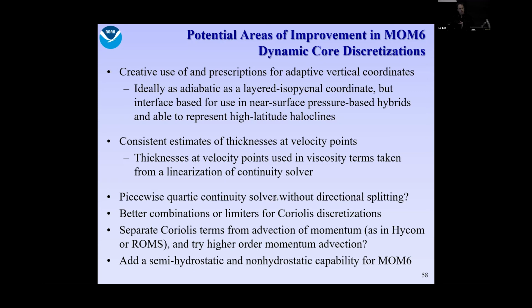I think we're doing really well with making it work in weird limits, but there's still room for improvement in terms of discretizations that might work better, especially as we push increasingly to the limits of very high horizontal resolutions. Thank you very much.